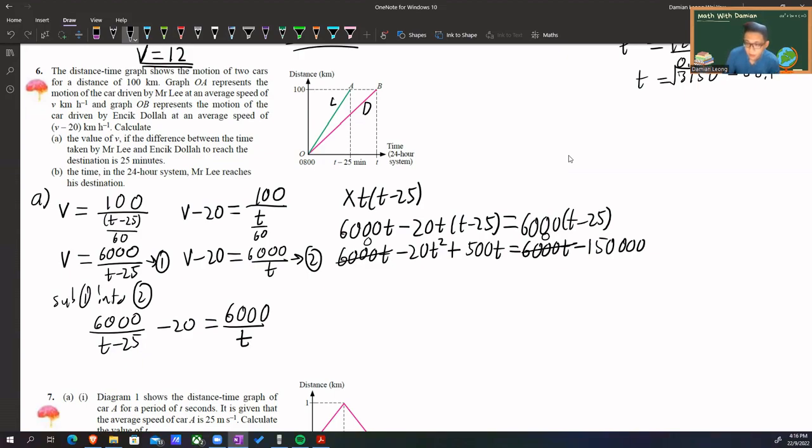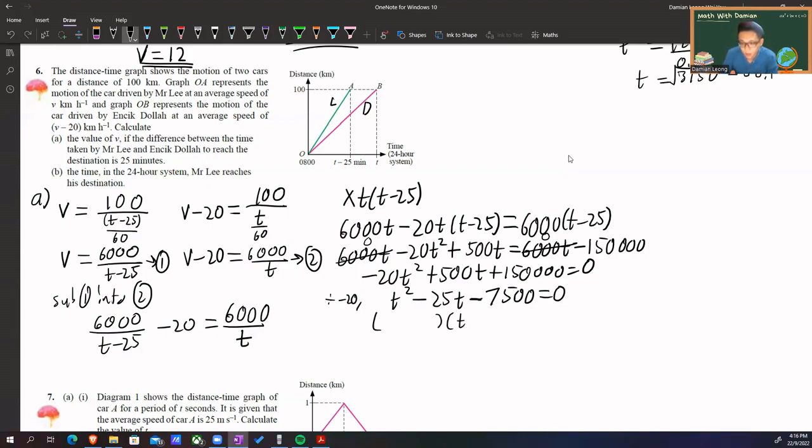Then it's easier to count. So negative 20T squared plus 500T, bring over the 150,000, plus 150,000 goes 0. Divide everything by negative 20. T squared minus 25T, since 500 divided by negative 20 is negative 25. Then minus 150,000 divided by negative 20 is 7,500. Equals 0.